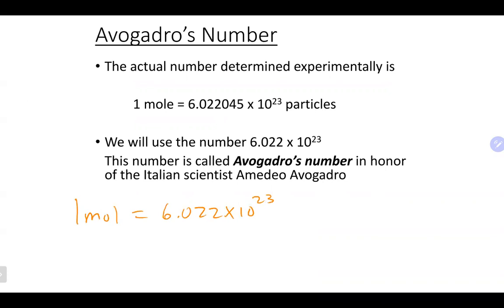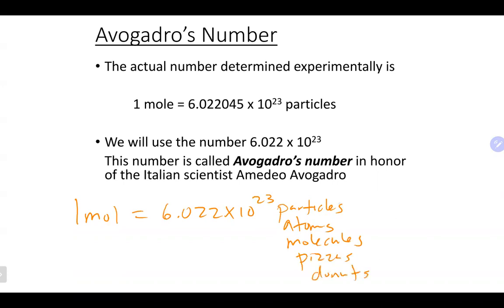Now, the units that go with that number vary depending on what you're dealing with. They could be particles, atoms, molecules. It could be pizzas, it could be donuts.